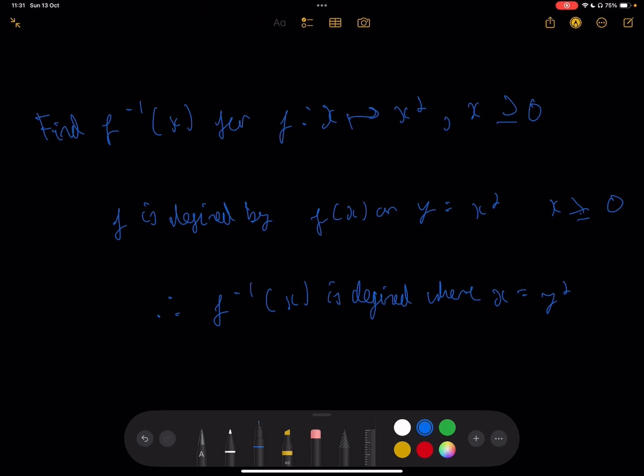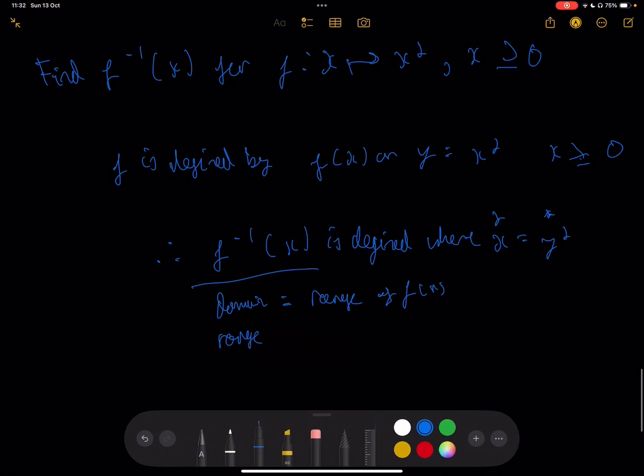So if you don't know what I've done there, for the inverse function, we just swap the x and y's around. So y is now taking the place of x, and x is taking the place of y. Hence, the domain and range switch: the domain of the inverse function of f of x is equal to the range of the original function, and the range is equal to the domain of f of x.